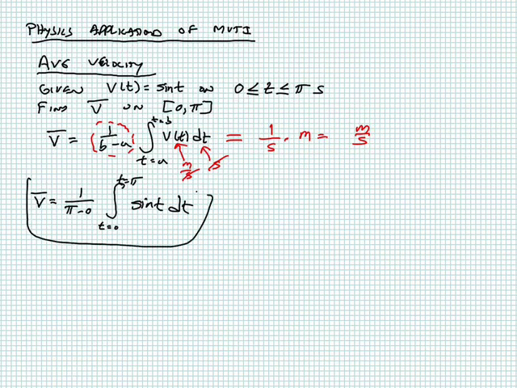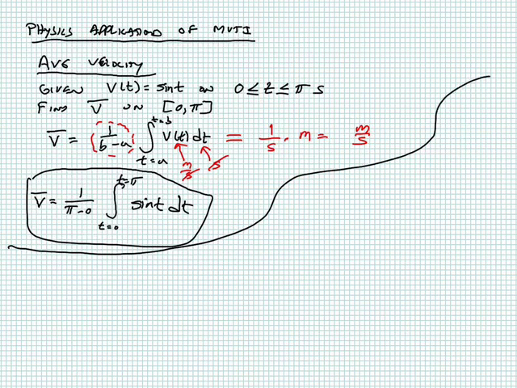And you just integrate that out, and that gives you your average velocity. Now, one thing that's interesting here is, again, I mentioned that if you're given your position instead of your velocity, and you're asked to find the average velocity, then in this case I would use the mean value.